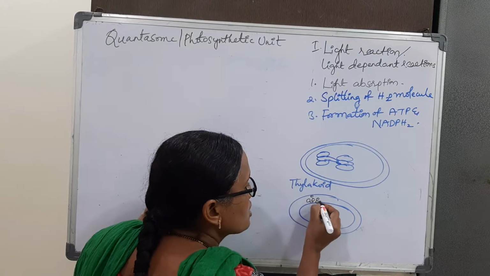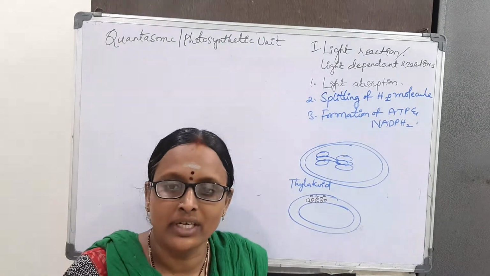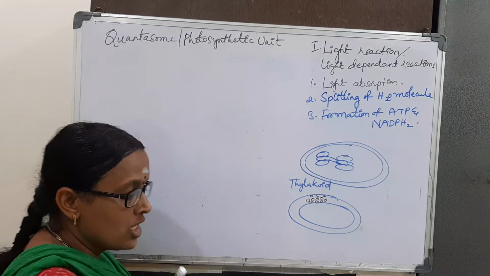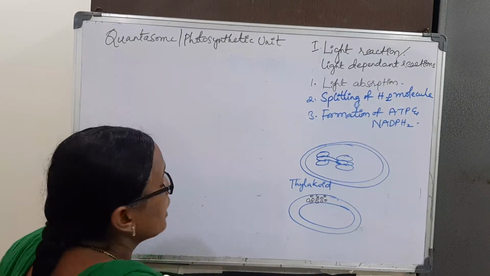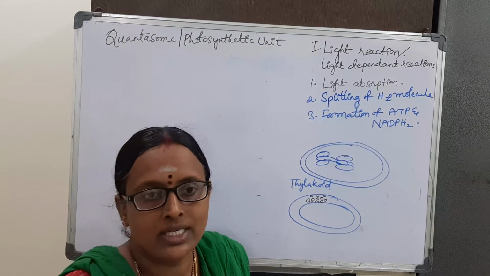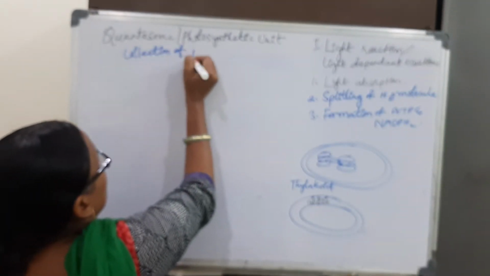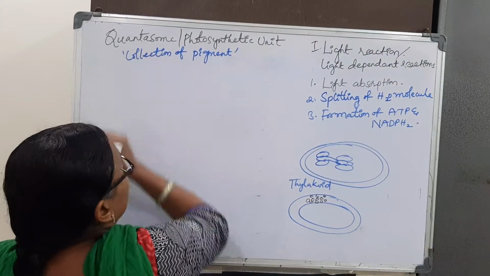So all these pigments, as a group of pigments, are collectively called a quantasome. What is a quantasome? A quantasome is a collection of pigments. We can simply say that it is a collection of pigments.